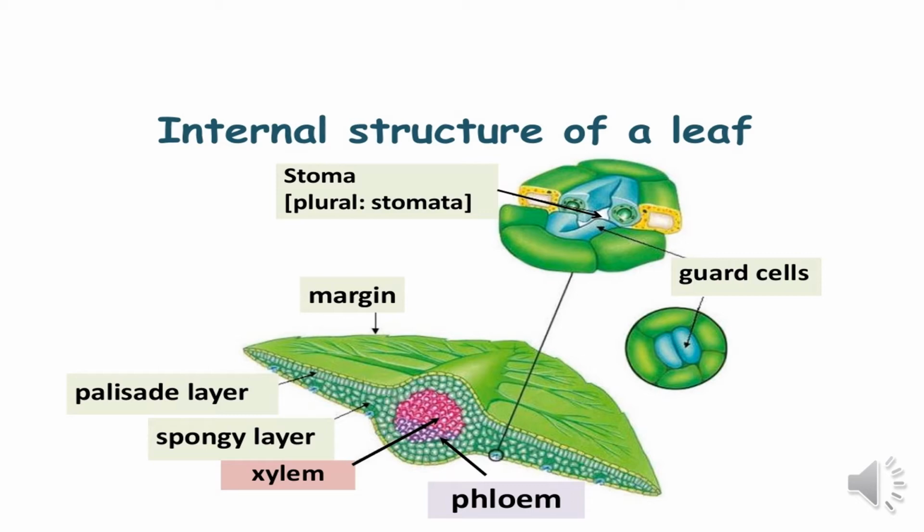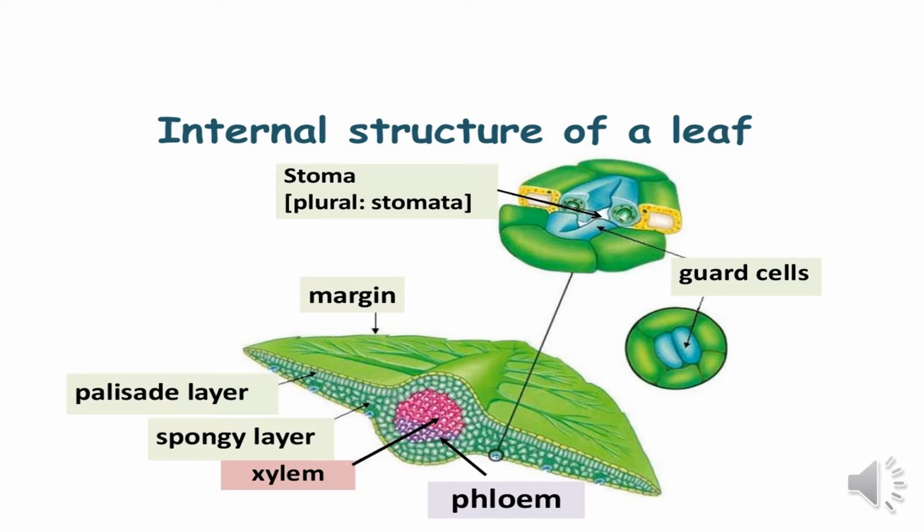Next to the palisade layer there is a layer of cells called the spongy layer. Why is it called a spongy layer? Because the cells in this layer are loosely arranged and have intercellular spaces, and this layer of the leaf is responsible for the process of gaseous exchange.